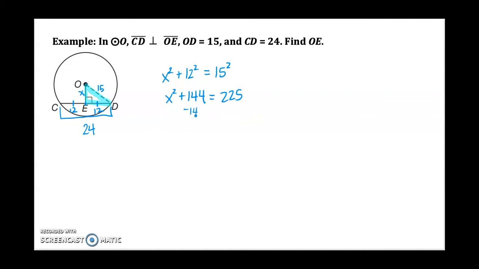We subtract 144 and we get 81, so x squared is equal to 81. Take the square root, and we get x is equal to 9. Remember, not plus or minus 9 this time, because the distance can't be negative. So x, or OE, is equal to 9.